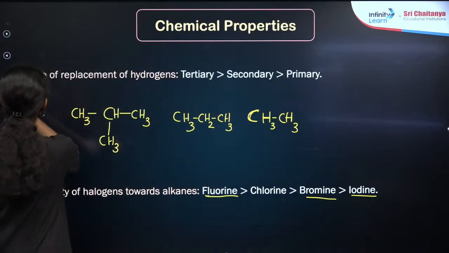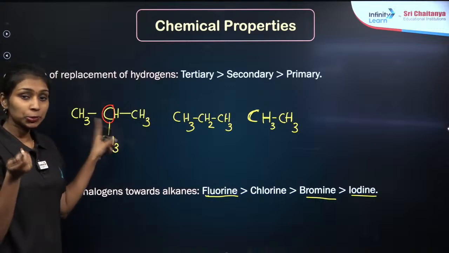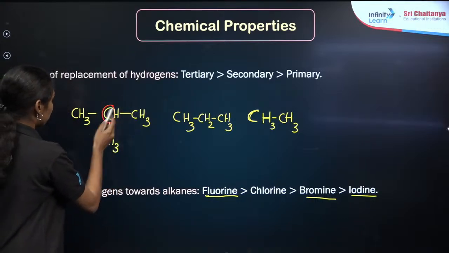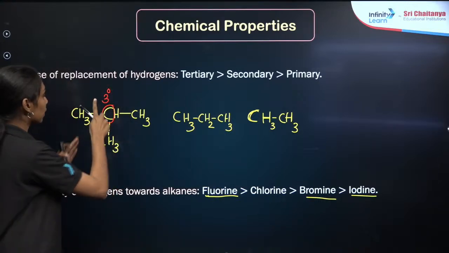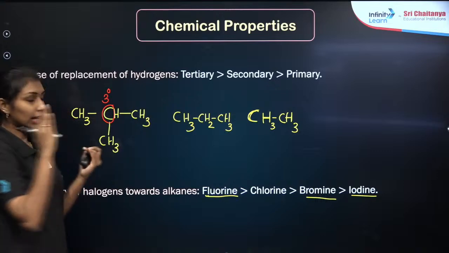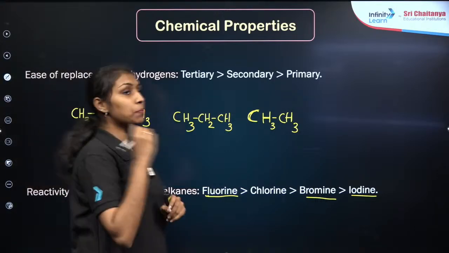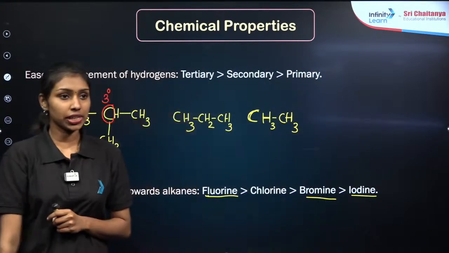So if I am considering this carbon, it is connected to 3 other carbons, right? So we can call it a tertiary carbon, because this carbon atom is connected to 3 other carbon atoms. The hydrogen that is bonded to the tertiary carbon is known as tertiary hydrogen, right?